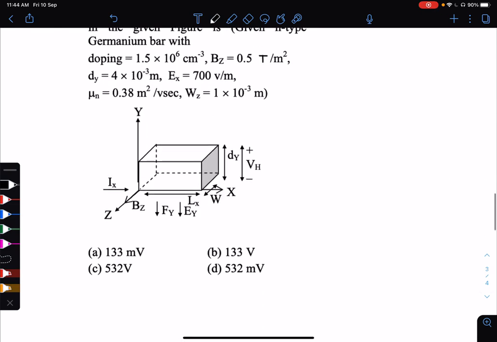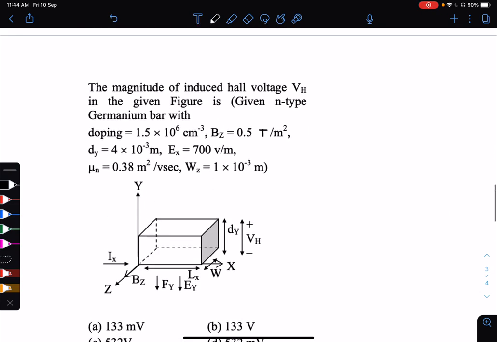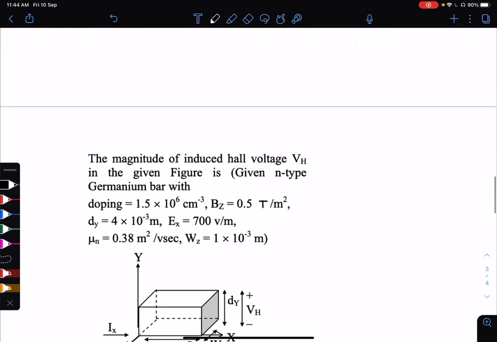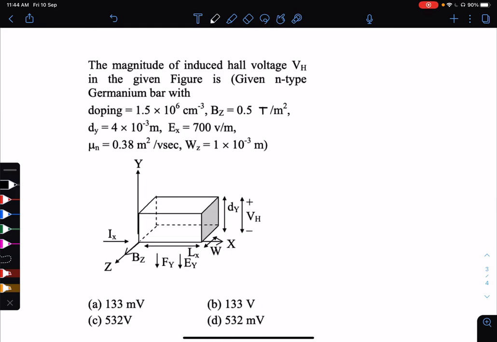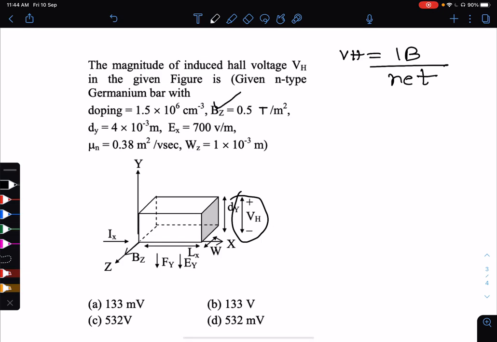Next is this question. They asked us to find the Hall voltage. So the Hall voltage equation is nothing but IB divided by NET. You can see that I is in the x direction, B in the z direction, and the Hall voltage is as shown here. B is given, so in this equation B is there.